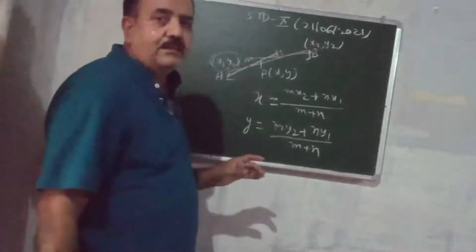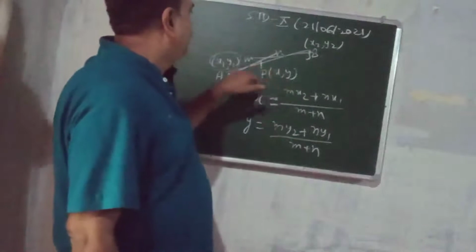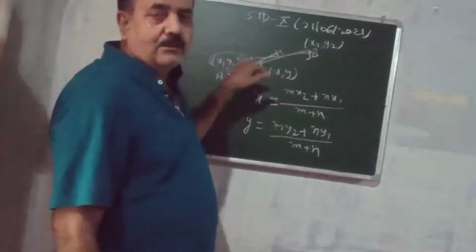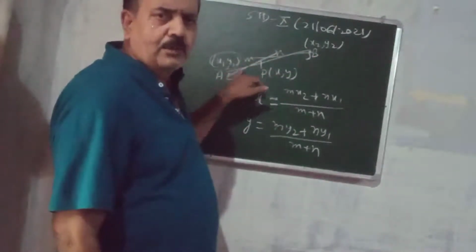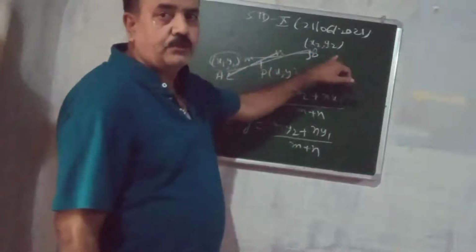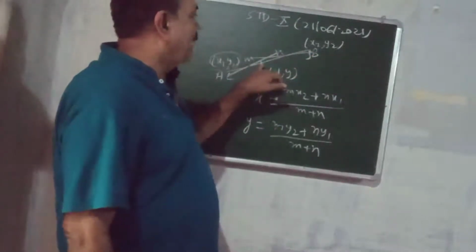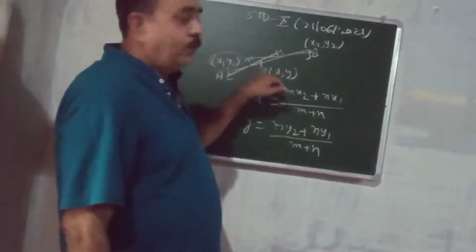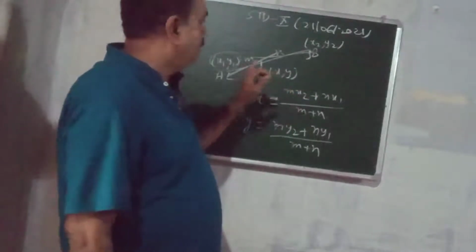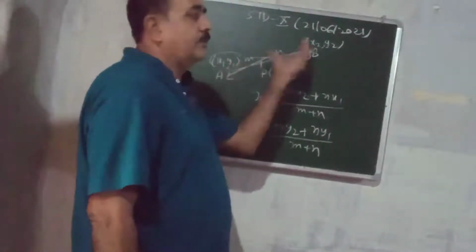So once again, AB is a straight line. Coordinate of A is x1, y1. Coordinate of B is x2, y2, which is divided by a point P whose coordinate is x and y in the ratio m is to n.